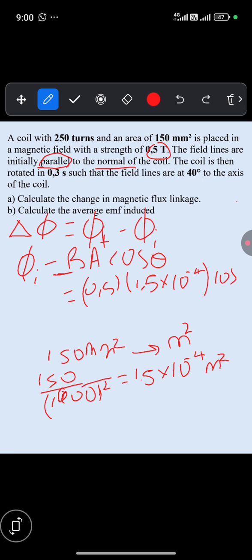Then cos of, they said it is initially parallel to the normal. So normal parallel is 0. No trick about it, so theta is 0.